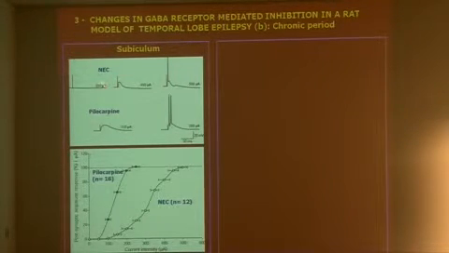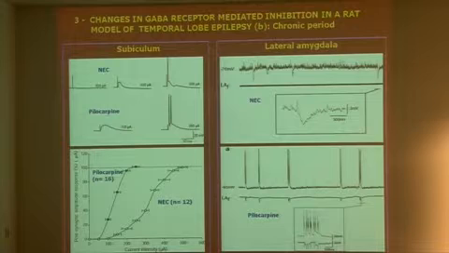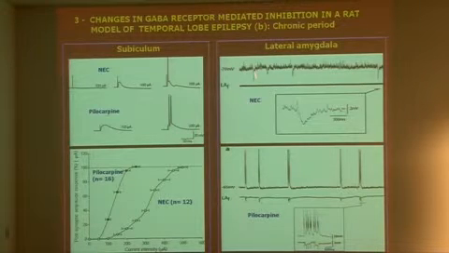200 picoampere in the control does not induce any response. 200 picoampere in the pilocarpine induces a depolarizing response with two action potentials. There is somehow a decrease in the number of spontaneous IPSPs that you see in the lateral amygdala of a non-epileptic, and you don't see in a pilocarpine treated, where in fact you see this kind of spontaneously occurring burst.